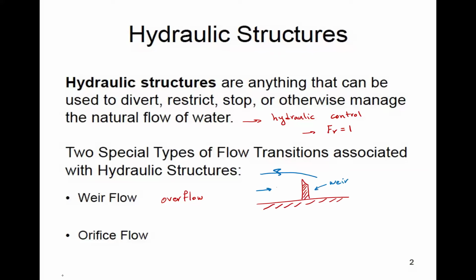The other case is where we have like an underflow. So let's say that's a channel bed. And we take the weir and put it upside down. So if you do that, and your structure now looks like this, then the opening is actually along the bed under this structure. So the flow has to go like this. So that's your water level upstream. The flow is going from left to right, and then has to go through this opening.